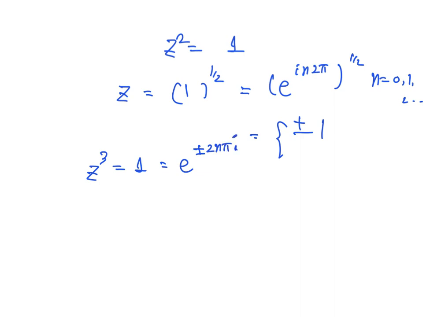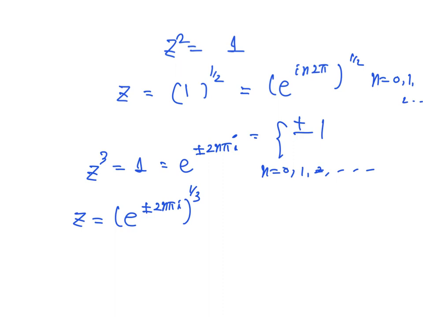So n is an integer, 0, 1, 2, etc. Then z is exponential plus or minus 2n pi i to the 1/3. So you have three different solutions.